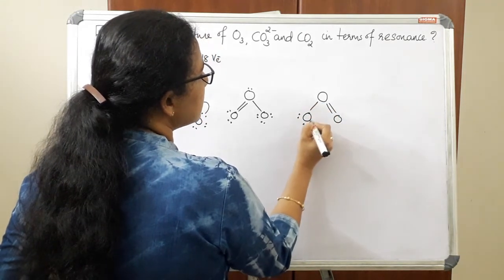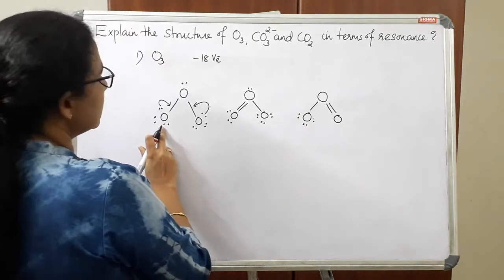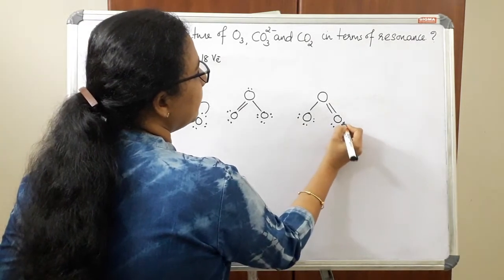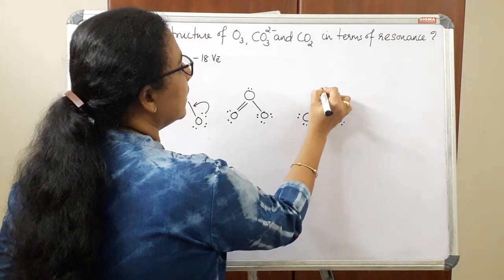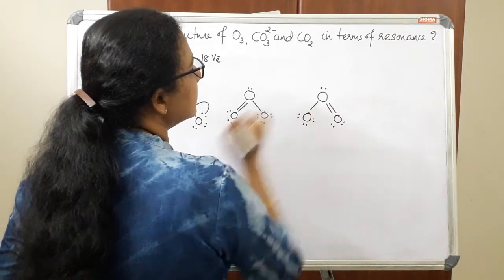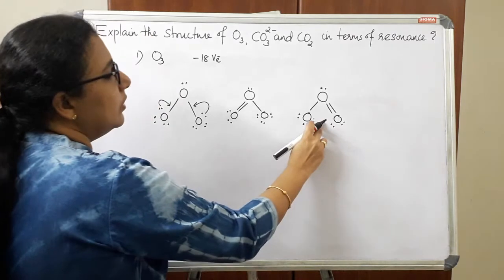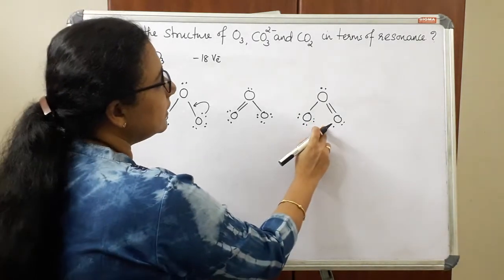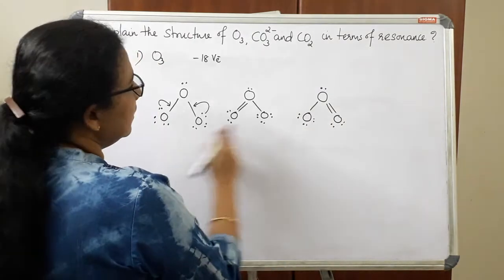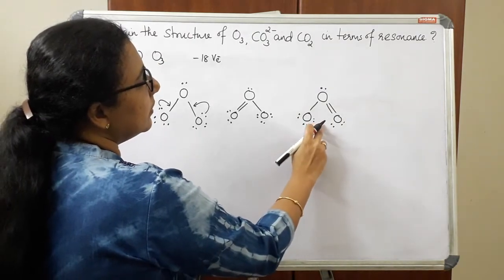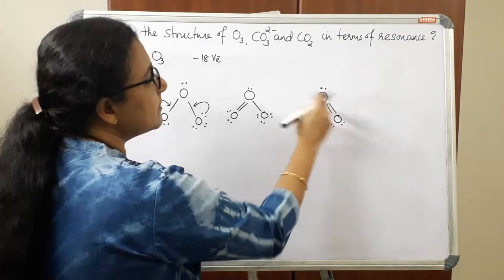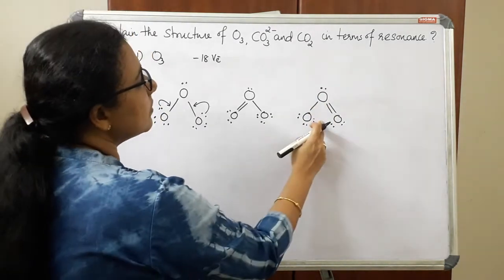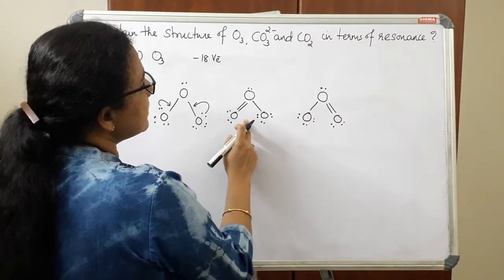There is no change in the number of electrons; we have just shifted one pair of electrons as a double bond, and these electrons are the same. This is also a Lewis structure, and all the atoms in this case also attain octet configuration.